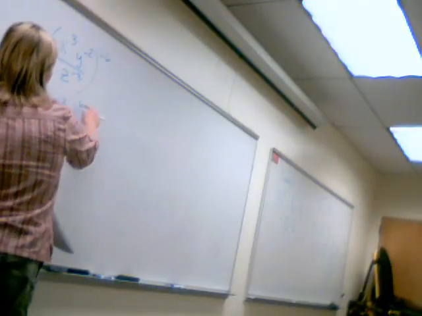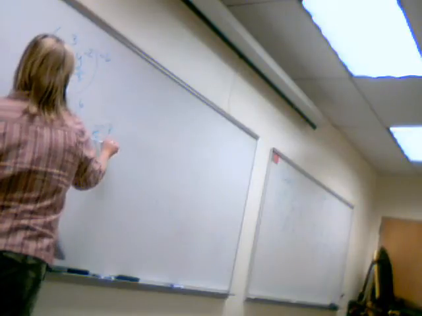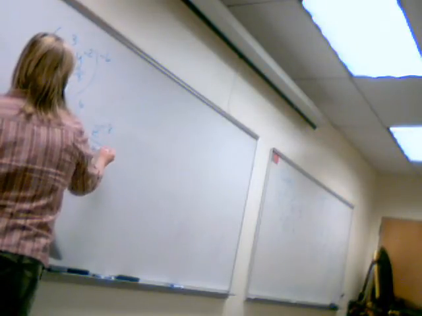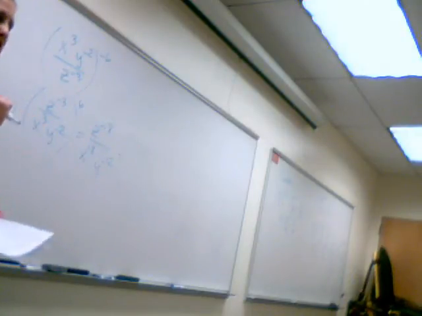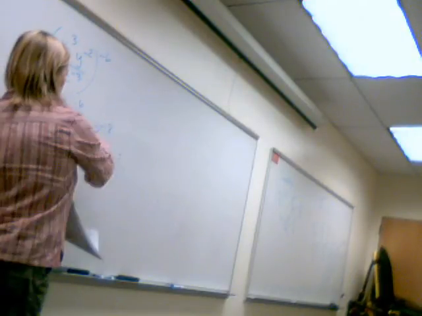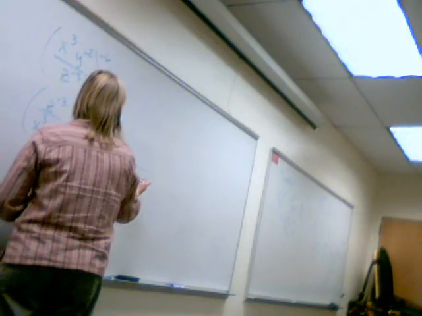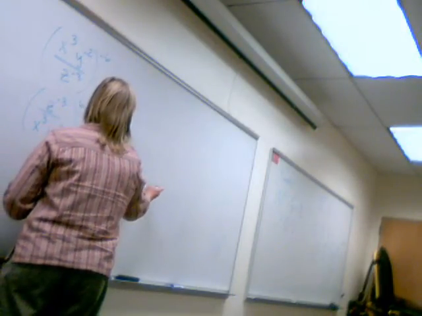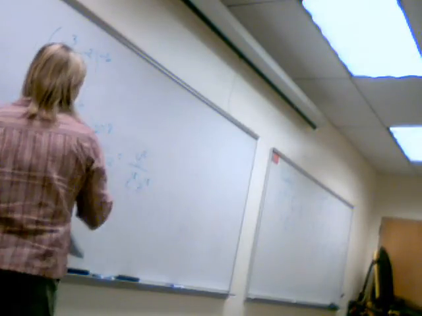Now I can take each term to the 6th power and I get negative 18, 18, and negative 12. Can I leave it like that? No. So I have to rewrite it. Do I move the z? Yes. To where? The bottom. Do I move the y? Yes. And you don't move the x because there was no negative.